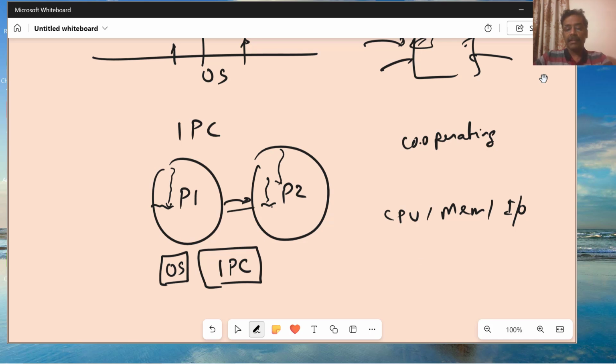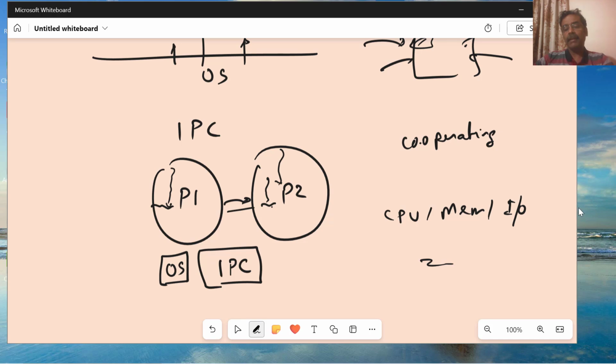In fact, the screen you see is being shared by this whiteboard application up to this point. But when I come here, it is the desktop, where I could keep another PowerPoint or a text document, and that part of the display will be shared by that particular process.